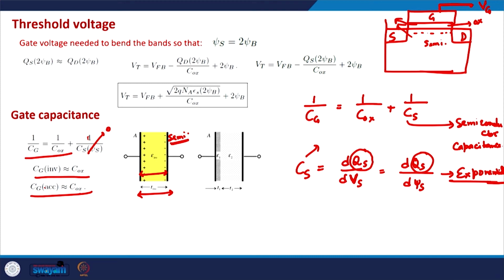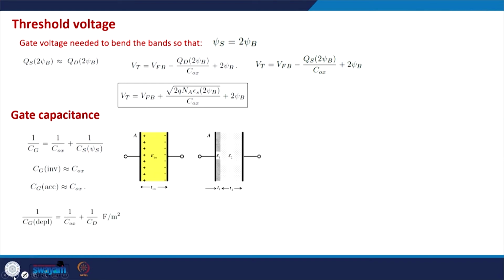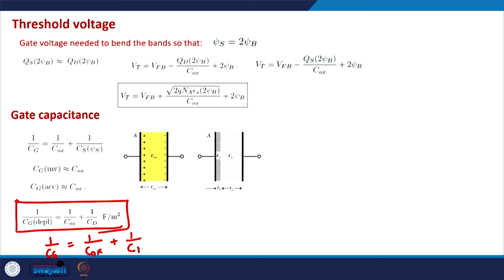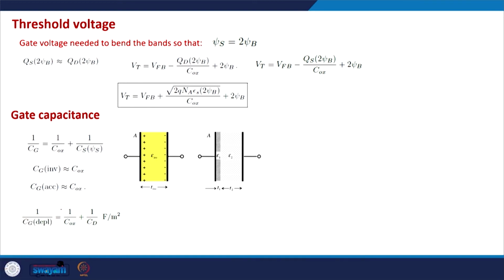However, in the depletion region, the semiconductor capacitance is not very large, and in that case we need to account for this. In the depletion region, the gate capacitance will be derived from this formula, because we still have the two capacitors in series, and the gate capacitance will depend on the depletion capacitance of the semiconductor.